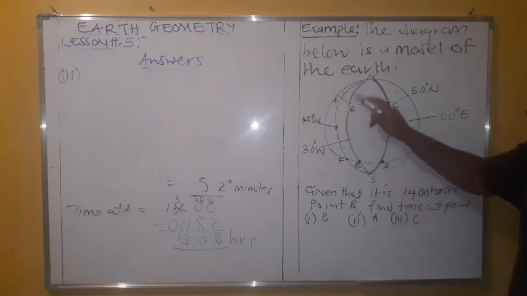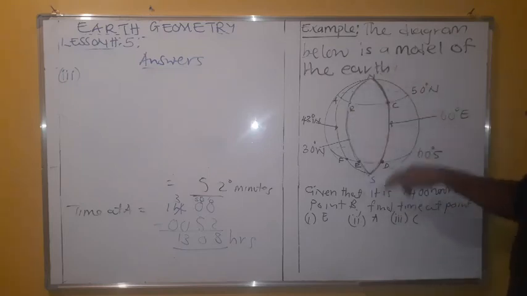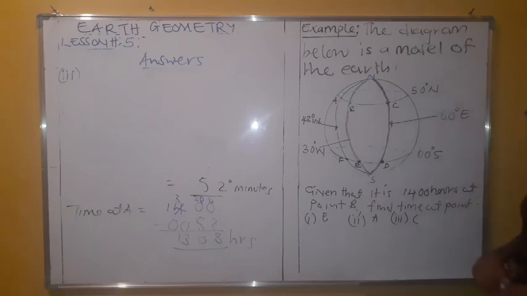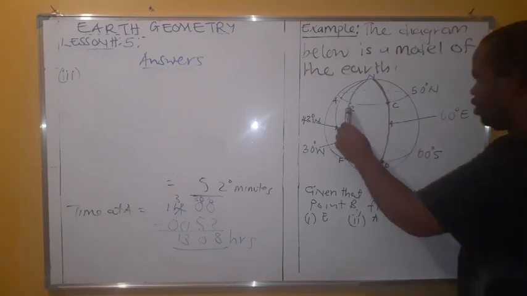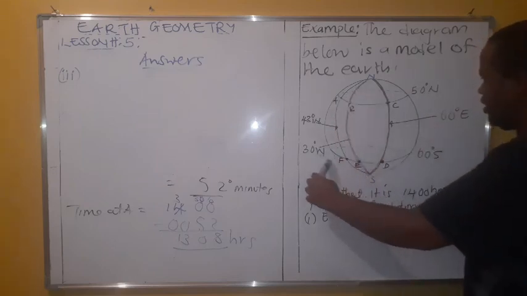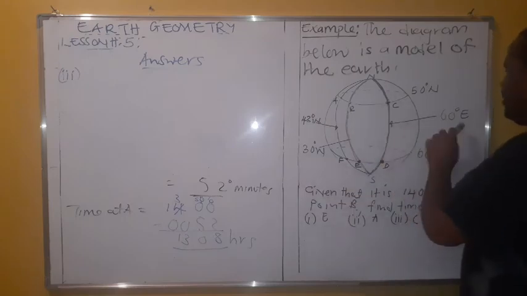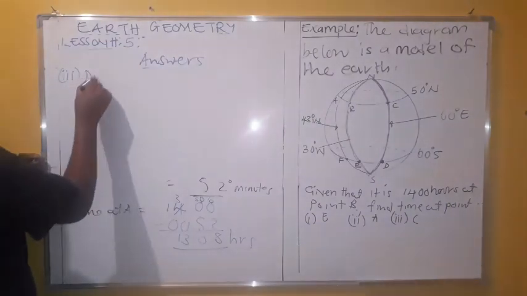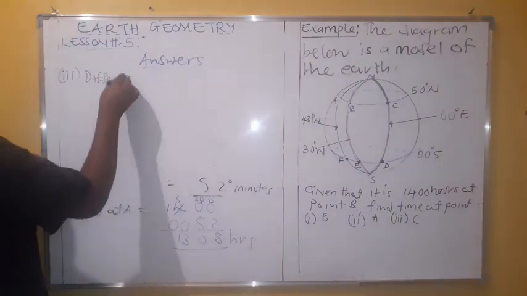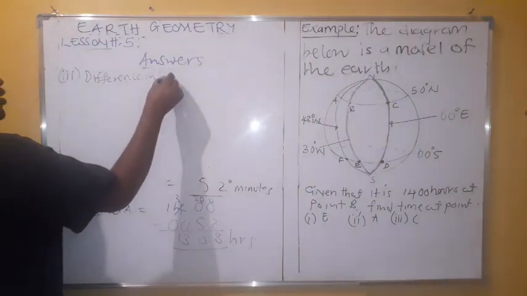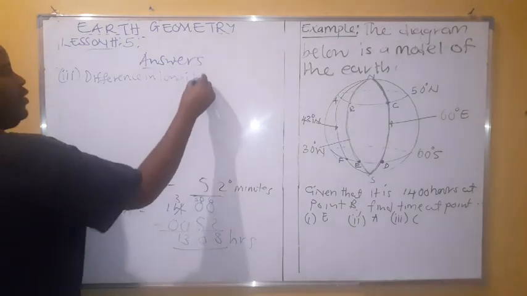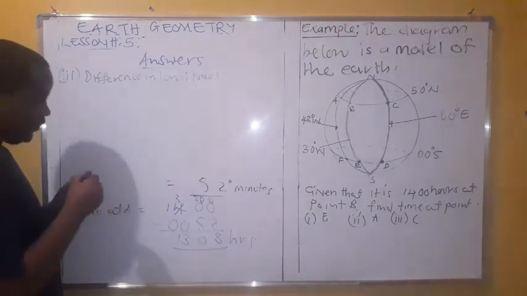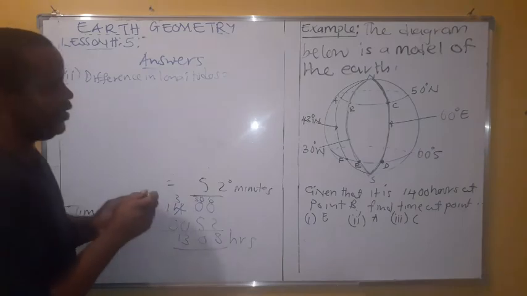So first we must find the difference in longitude that exists between B and C. Okay? So what is the difference in longitude? This is 30 degrees west and 60 degrees east. So we add. So difference in longitudes is equal to what? 30 plus 60.